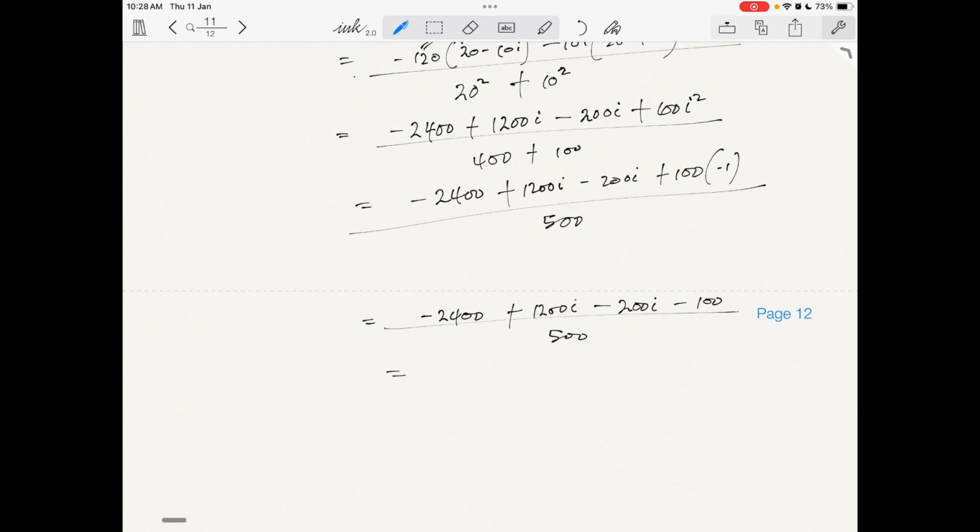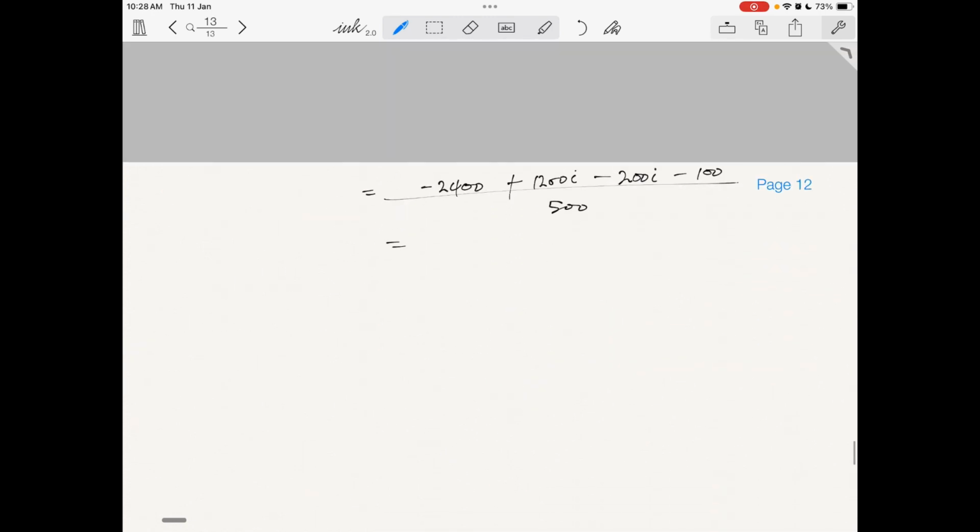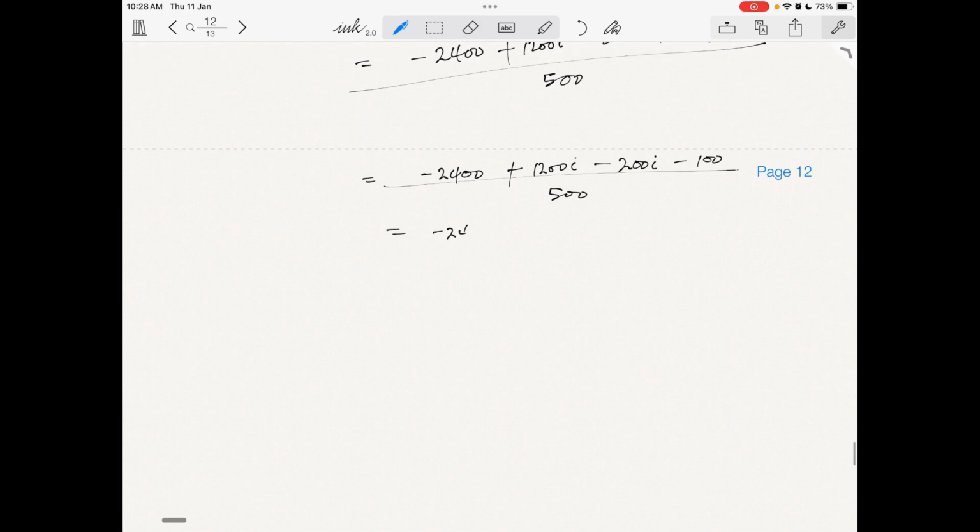Now to solve the numerator further, we bring the real parts together and the imaginary parts together. So we have minus 2400 minus 100 plus 1200i minus 200i divided by 500. So this will give us minus 2500 plus 1000i, everything divided by 500.